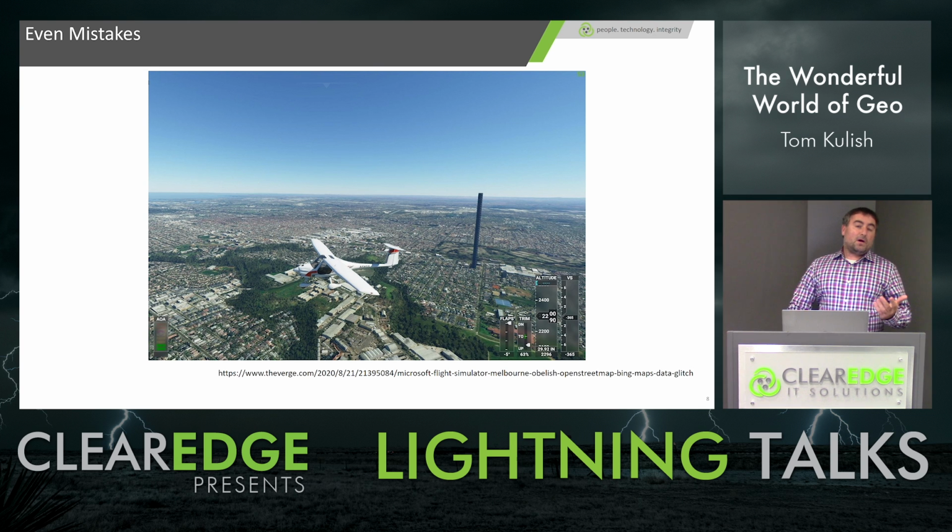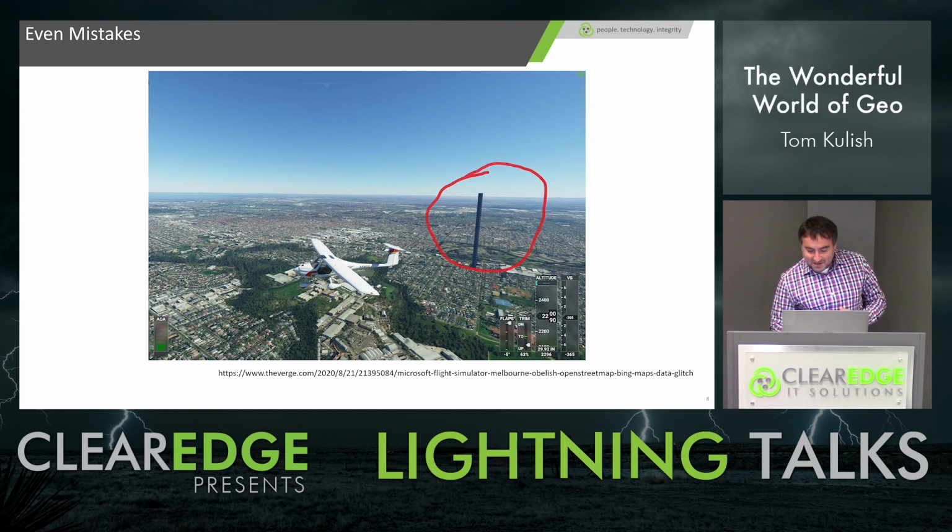The funny part is that, pulling from OpenStreetMaps and open source data, you can even have mistakes in your data. As you see, there's a huge, large obelisk in the middle of this flight and in the middle of this city. It actually came from a university student, Nathan Wright, who was working on some stuff back in 2019.